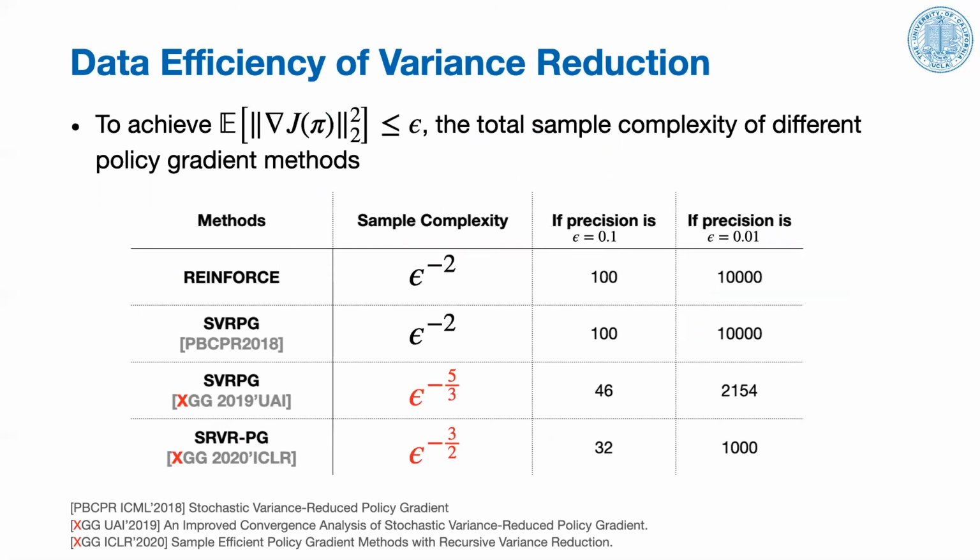Then the state-of-the-art variance reduction algorithm only needs one-third of the data used by vanilla policy gradient, and if the precision is 0.01, SRVRPG only needs 10% of the data used by vanilla policy gradient. This demonstrates the data efficiency of variance reduction in reinforcement learning.